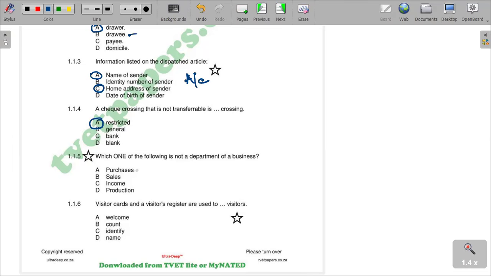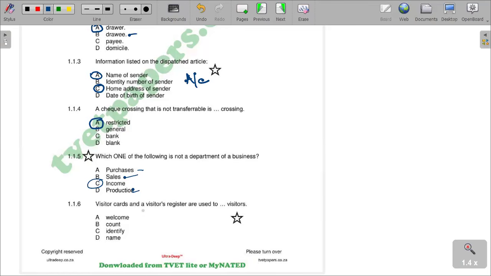We have a department of purchase, sales department, production, but we don't have what we call an income department. So let's go to 1.16.